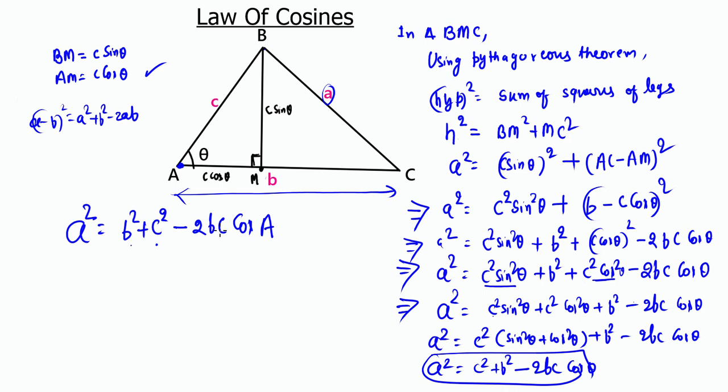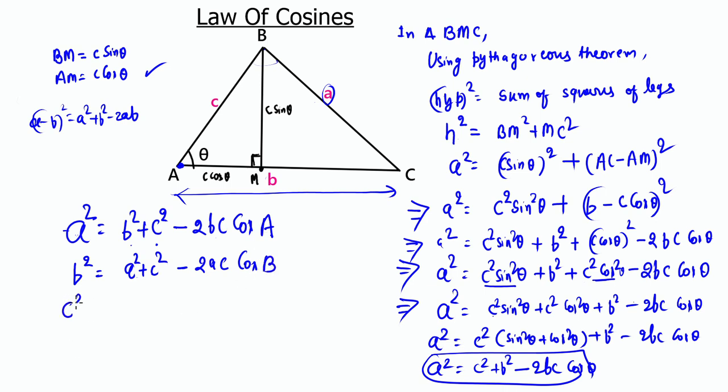If we just look at the pattern, B square is going to be equal to A square plus C square, then minus, and this A and C we can multiply here, and cos of the angle opposite to this side. So here the angle is going to be the angle opposite to side B, so cos B.